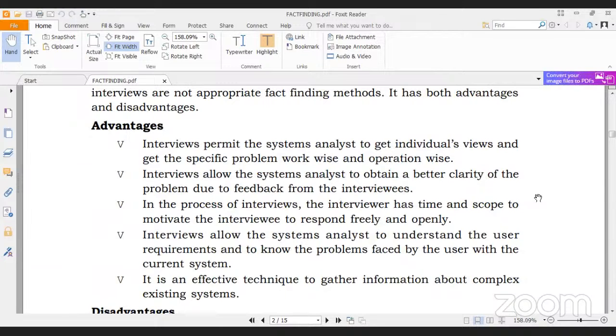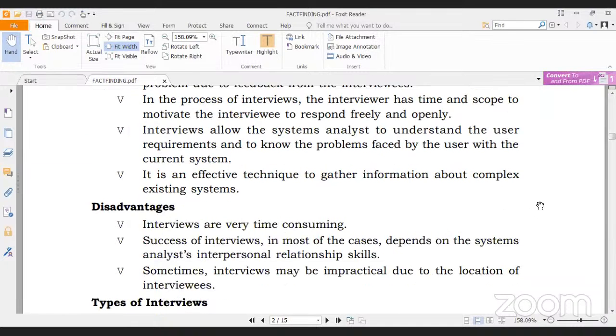The interviews allow the system analyst to get individual views without any disturbance from others, because it will be one-to-one, and to get the specific problems, work-wise and operation-wise.